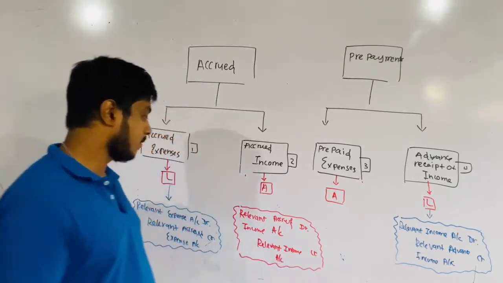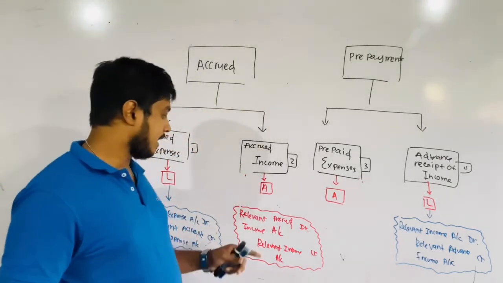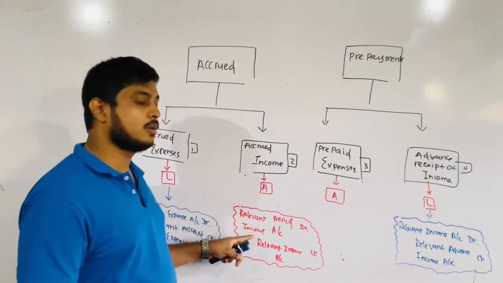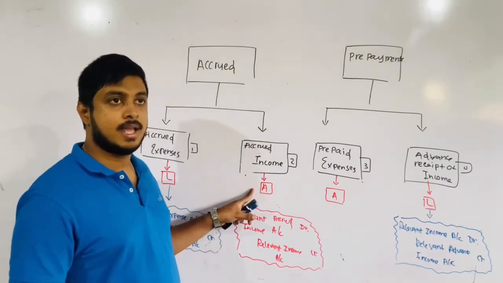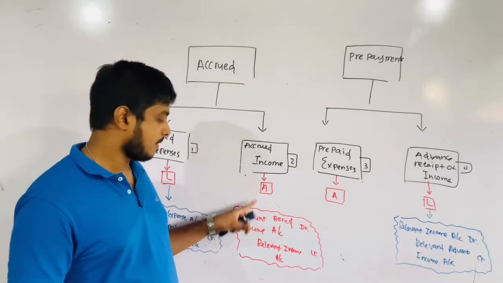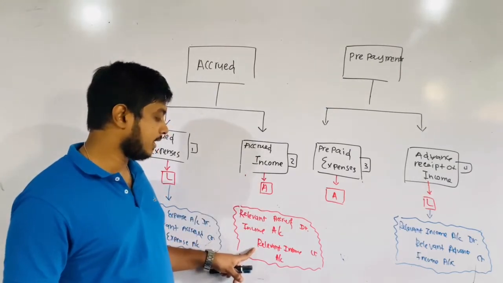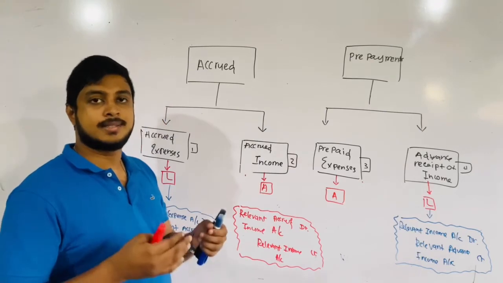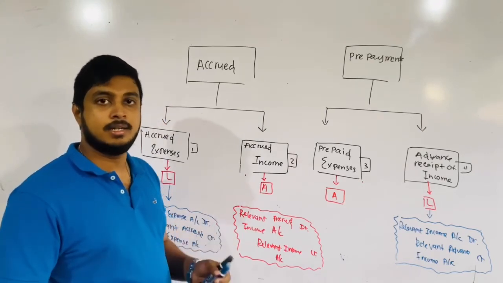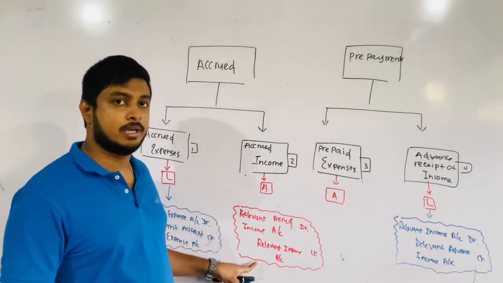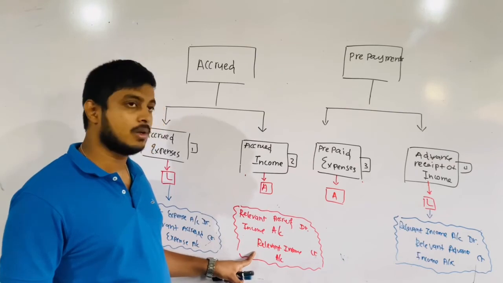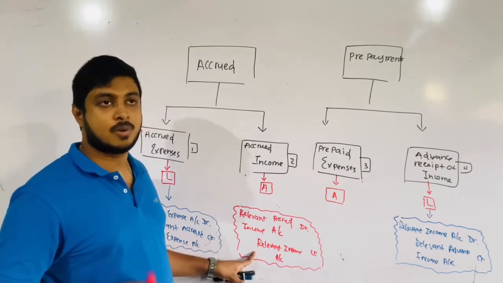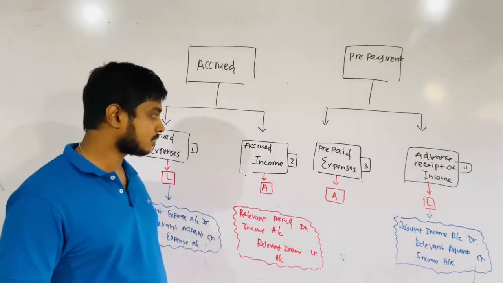Why do we debit the relevant accrued income account? Since this is an asset. Asset increase, debit. Why do we credit the relevant income account? Because this income has been earned within the particular accounting period. Therefore, you can identify this as income. So income increase, credit.